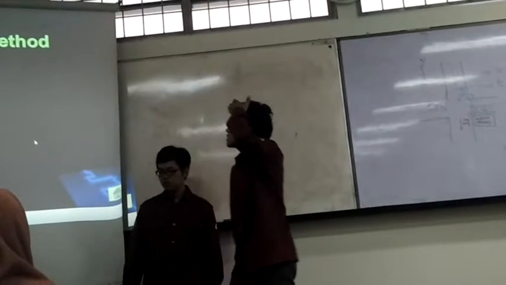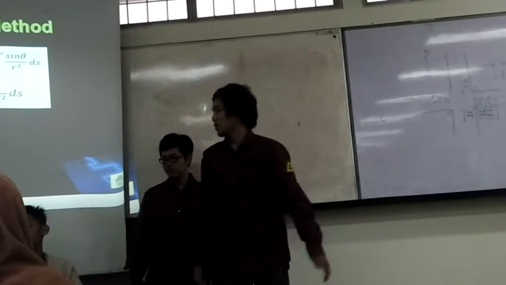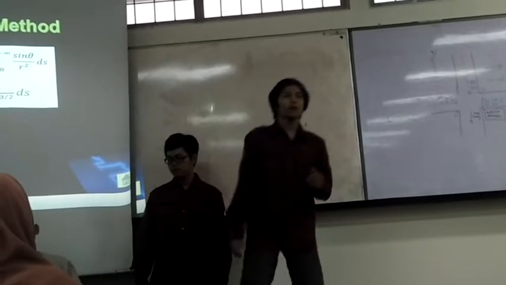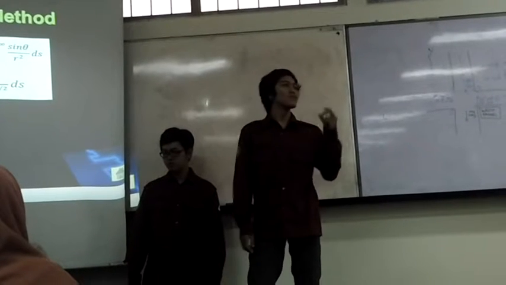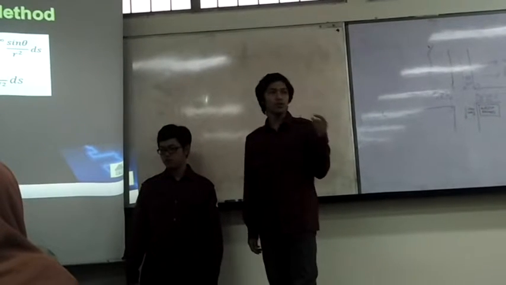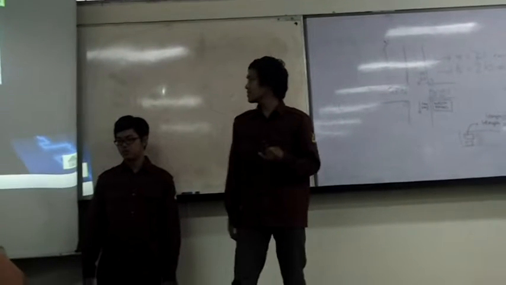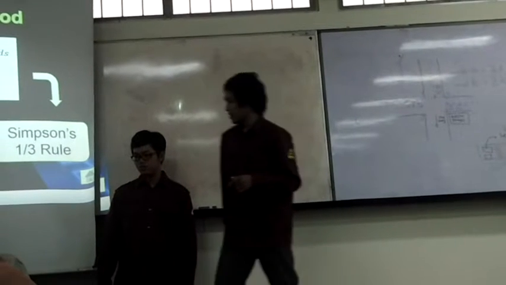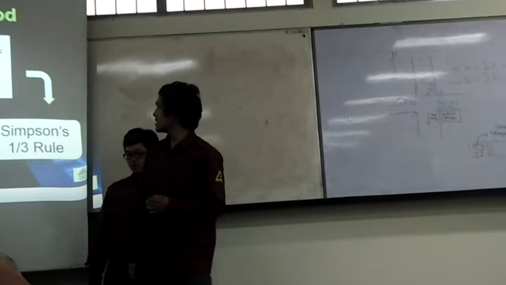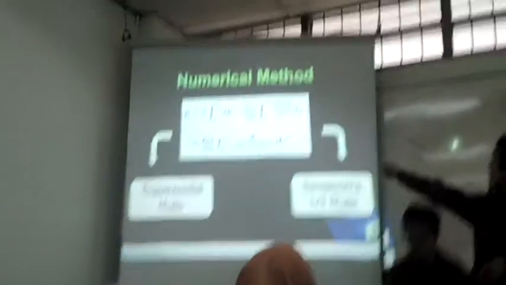So, from the general equation, we can divide this into two numerical methods. The first is the trapezoidal rule, and the second is Simpson's 1/3 rule. And this trapezoidal rule can be obtained from integration of this general equation.